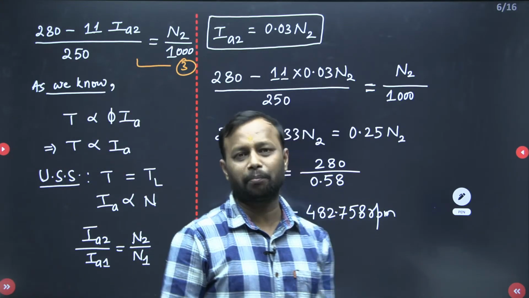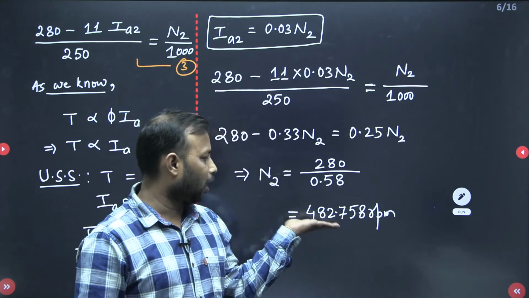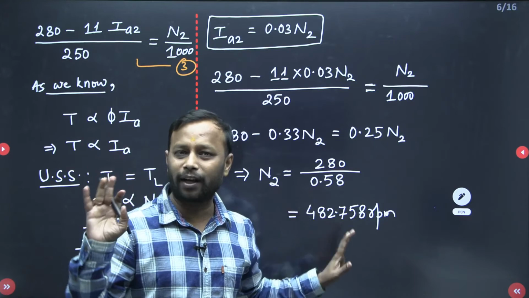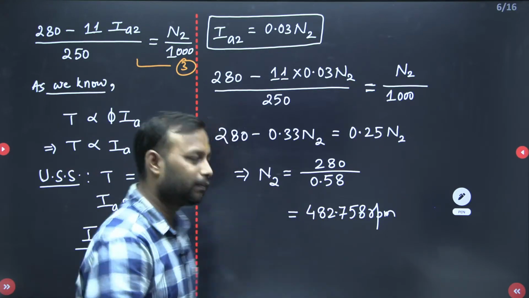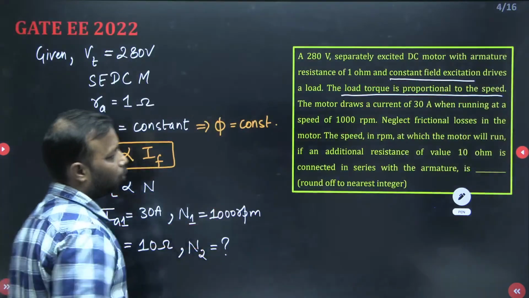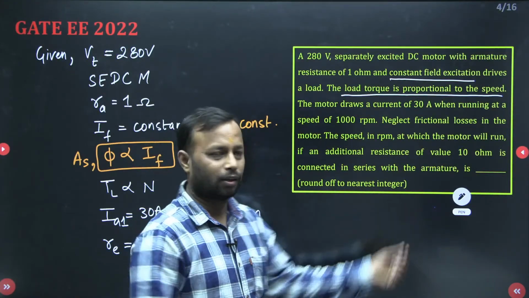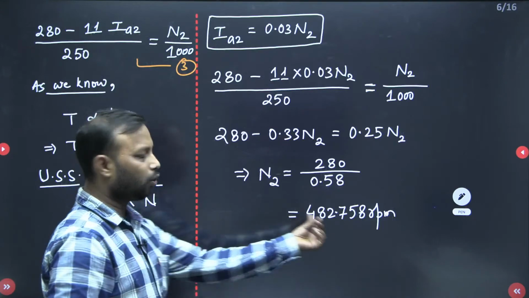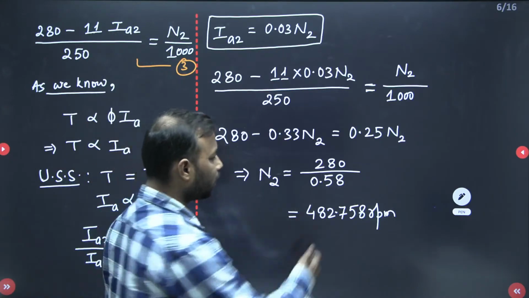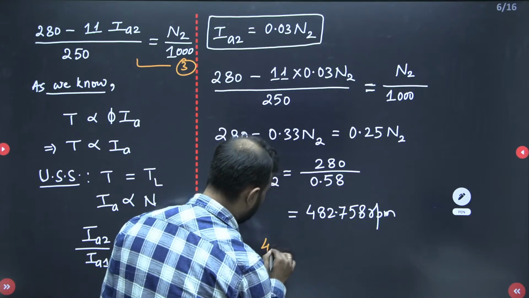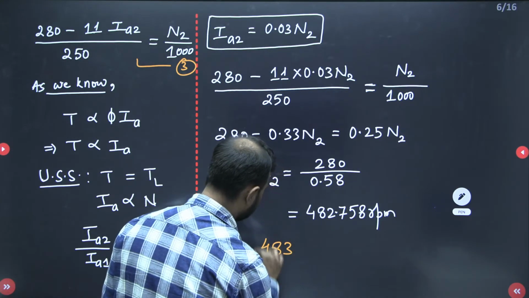Some may say, sir, since we have got the answer, I will get full marks. No, my dear friend, this is not your answer. If you see carefully, in the question they are asking for the answer to the nearest integer. If you feed this value, your answer will be wrong. The nearest integer is 483.